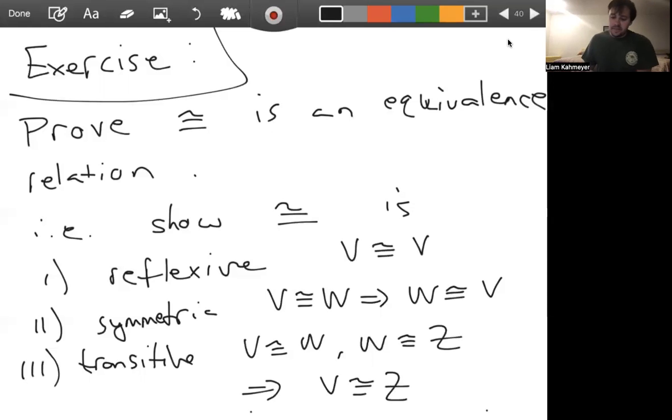Okay. The last thing I want to do in discussion of isomorphisms is talk about what happens to basis elements.